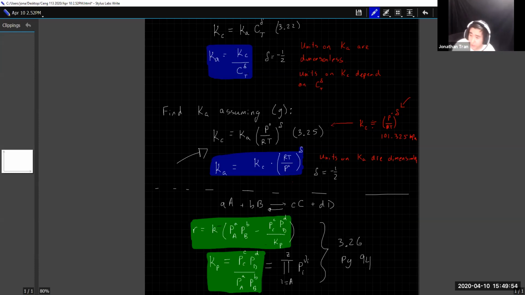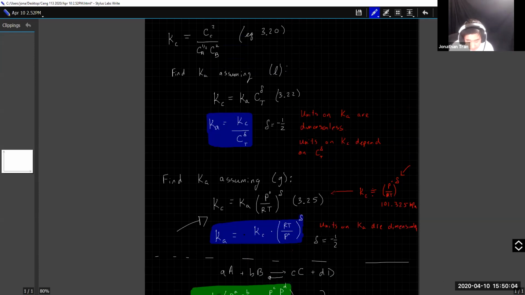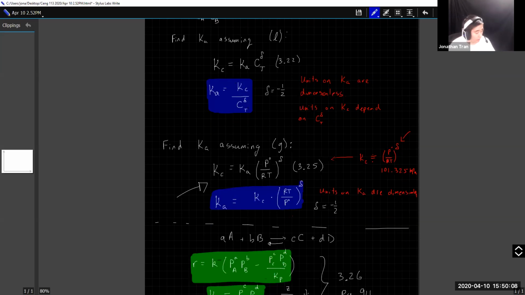Question: does pressure affect the value of the equilibrium constant Ka? In the case of a gas phase, in equation 3.25, the pressure there is just the standard pressure.